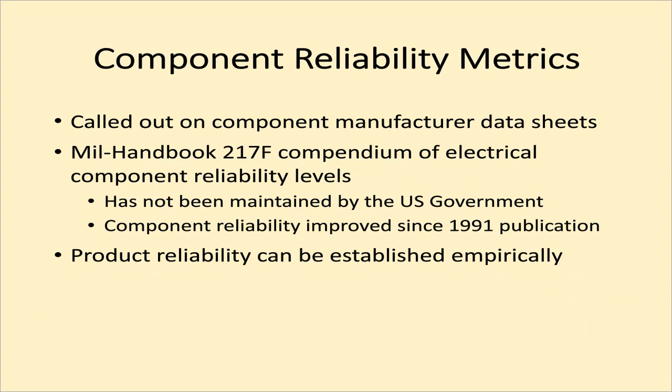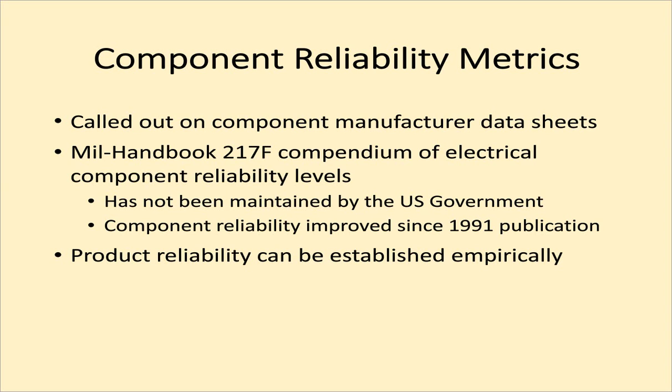Component reliability metrics. How does the manufacturer know how reliable a component is? Frequently when you purchase components, you get with it data sheets that describe the component specifications. And one of those specifications will typically be reliability or expected reliability. Not always, but usually. Military Handbook 217F is a fairly extensive reference for various types of electrical components. Unfortunately, it hasn't been maintained by the government since 1991.